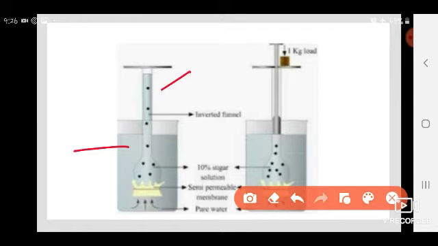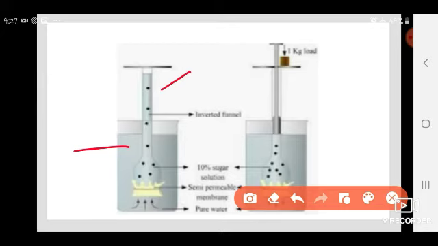It means in the beaker there are no solutes, so it has high water potential compared to the Thistle funnel. In the Thistle funnel, the solution is sugar solution, meaning sugar molecules bind the water molecules. So the Thistle funnel has lesser water potential compared to the beaker.